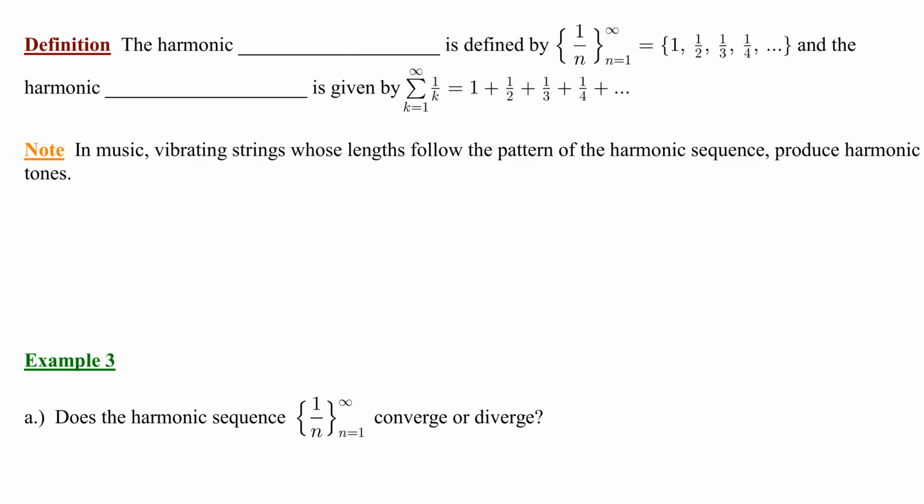Now let's talk about a very famous and important series that has all kinds of interesting applications. It's called the Harmonic Series. Hold on, let me get my terminology right. Start with the sequence. The harmonic sequence is defined by 1 over n from n equals 1 to infinity.